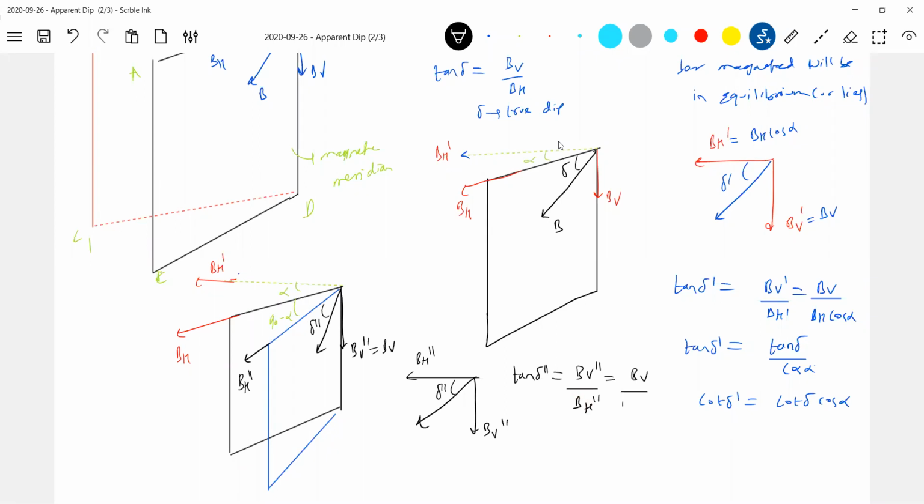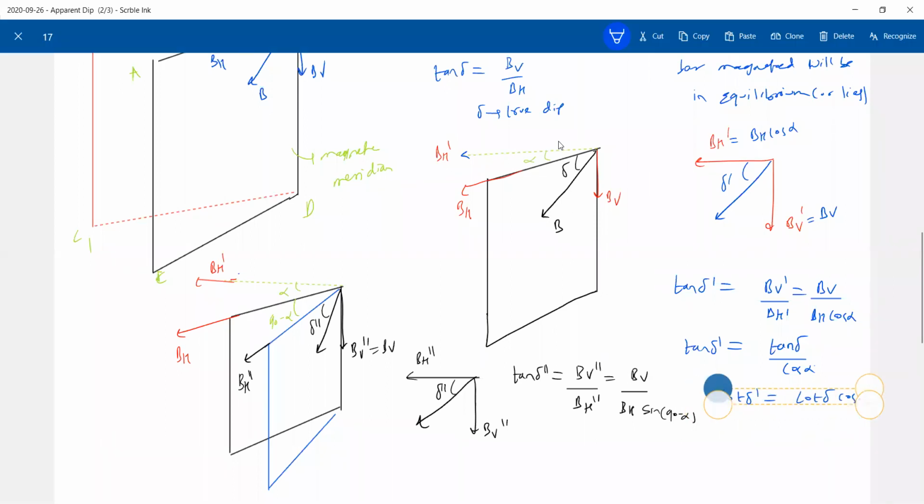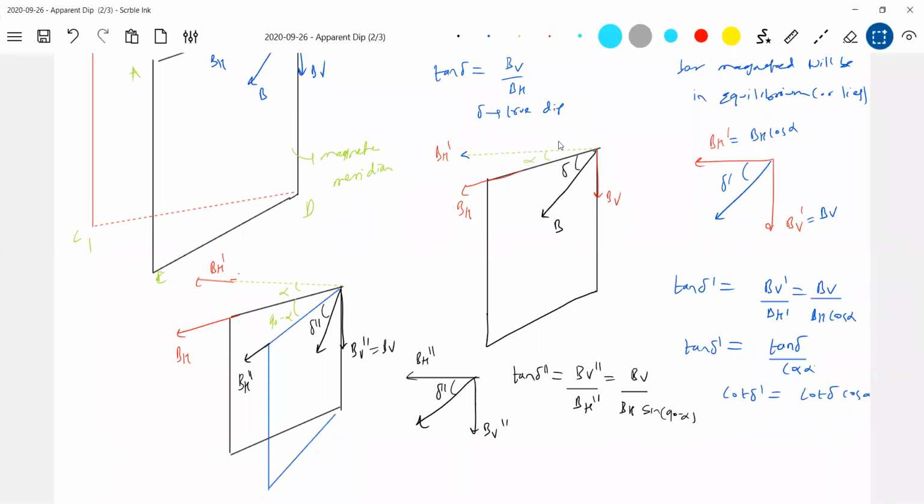So BH double dash should be BH cos of 90 minus alpha.